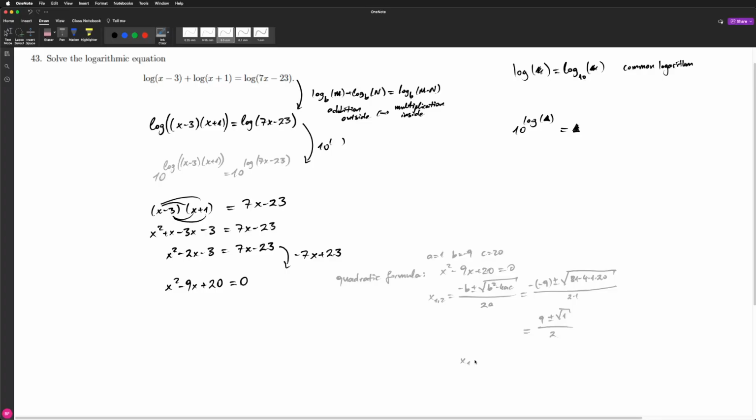So I will have my two solutions: 9 plus 1 over 2, which is 5, or 9 minus 1 over 2, which is 4.